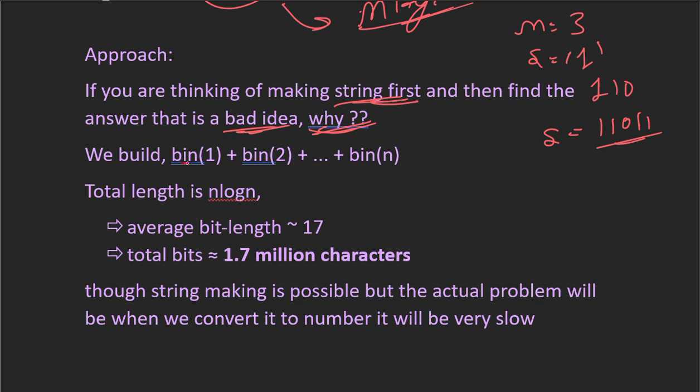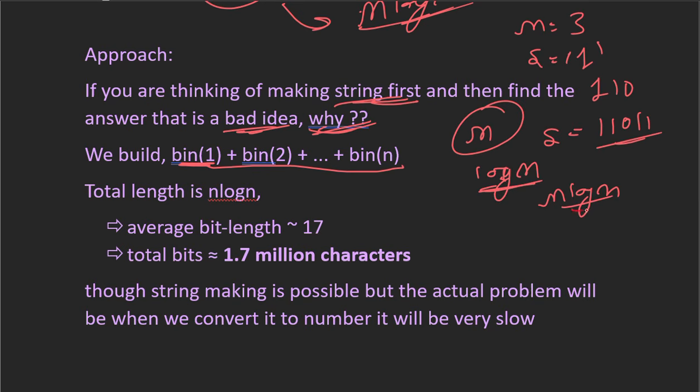What we are building is the binary from 1 to n, right? And we have total n elements, and each element has length up to log n. So what is the total length? n log n, right? And the average bit length can be up to 17. So total bits will be 1.7 million characters in the string.